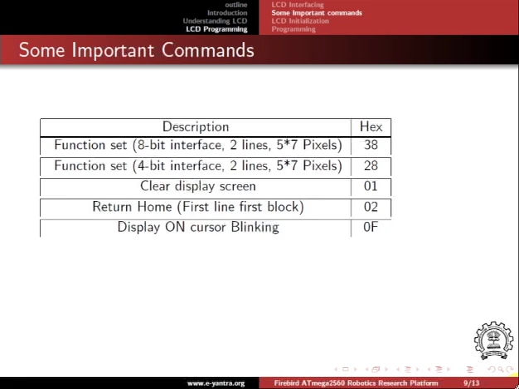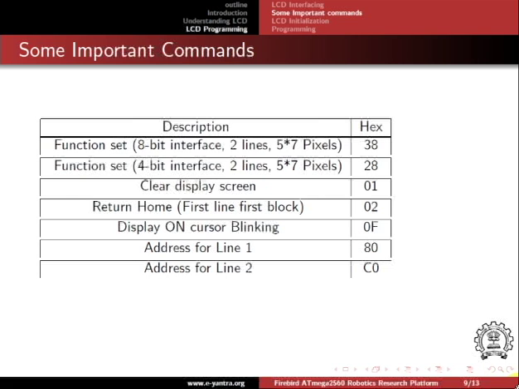Similarly, there is a command for making the cursor blink. So when you want the cursor to blink on the LCD, set the hex value 0F as the command. This is the address of the first character on the first line. You can similarly increment this value by 1 to move one character to the right.